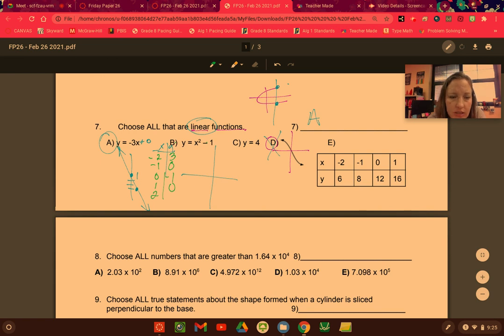What do you notice? Negative 2, 3; negative 1, 0; 0, negative 1; 1, 0; 2, 3. What do you notice about this graph that I just made just by substituting in points? Is it linear?